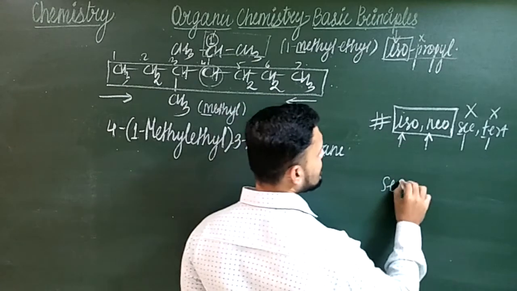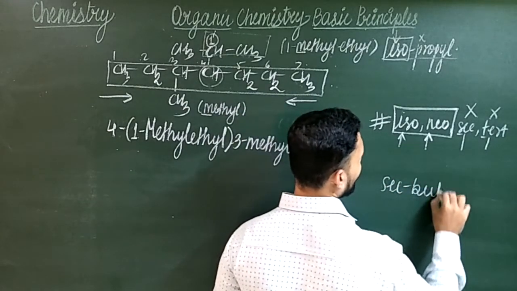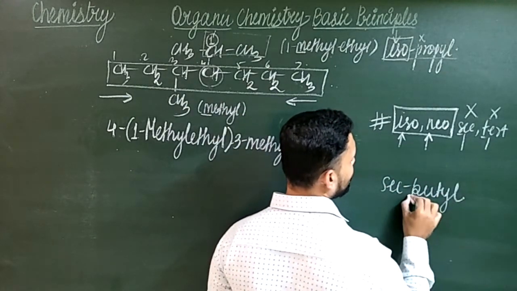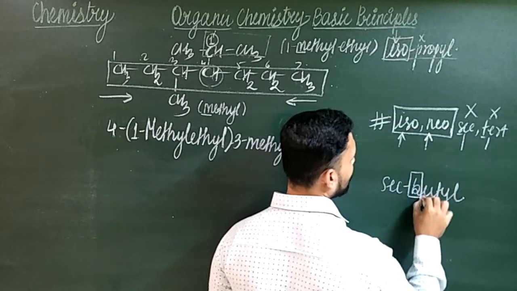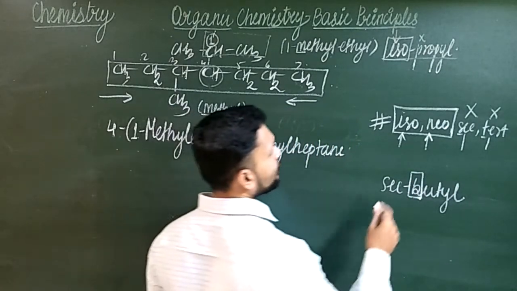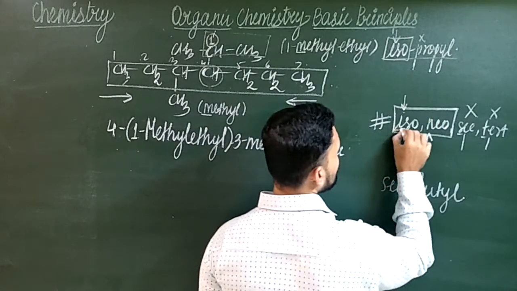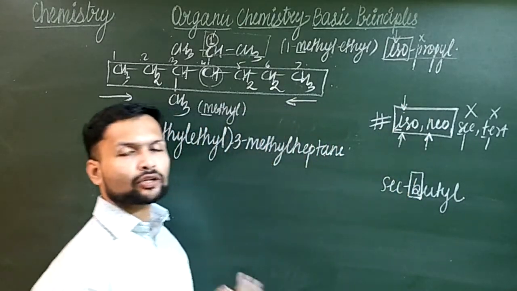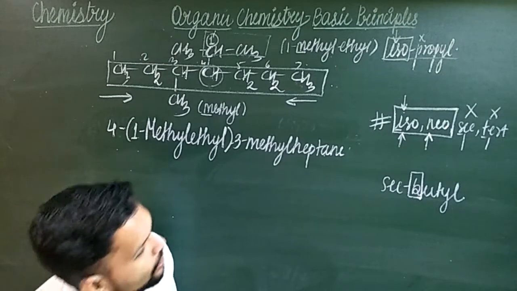You have to use the first letter of the alkyl group that is written. Suppose if it is sec butyl, so I will be using B over here in the alphabetical order. But if it is iso, I will be using I to see whether it is in alphabetical order or not.